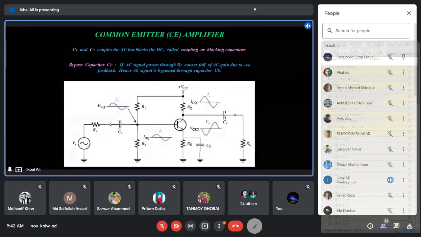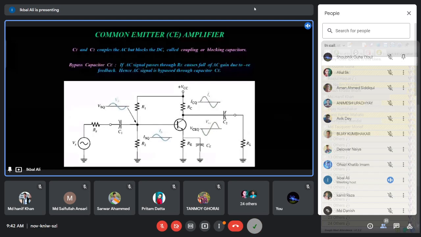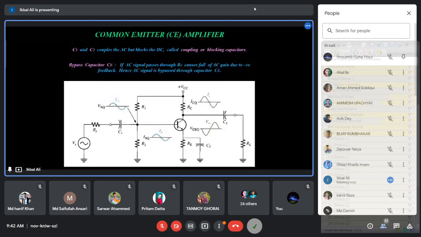These are very important parameters of the amplifier to be measured. Unless you know the input impedance, the output impedance and the gain of the amplifier circuit, you cannot connect a source or a load properly.